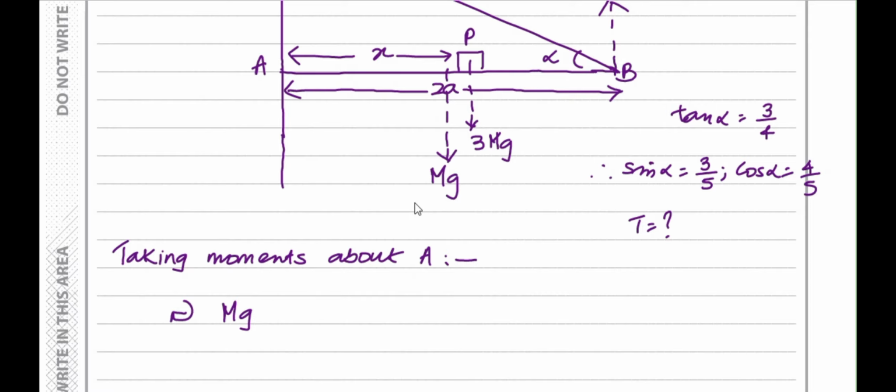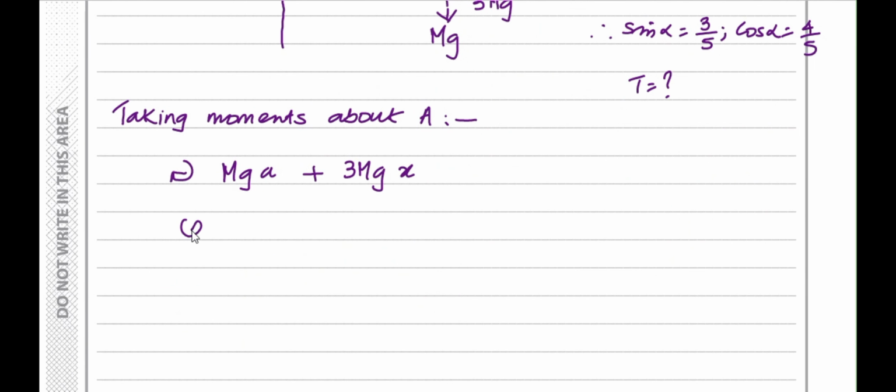Therefore, mg times its perpendicular distance from A, which is a, plus 3mg times its perpendicular distance from A, which is x. Now let's also work out the anti-clockwise forces.